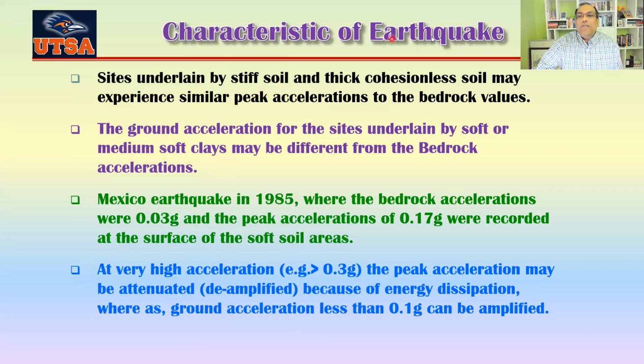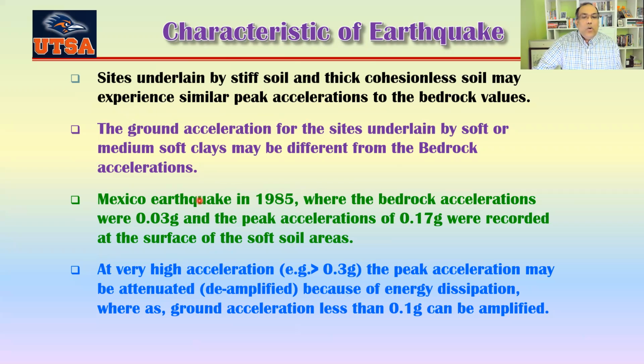Now, characteristics of earthquakes. Sites underlain by stiff soil and thick cohesionless soil may experience similar peak acceleration to the bedrock values. Okay, the ground acceleration for a site underlain by soft or medium clay may be different from the bedrock accelerations, usually lower than that.